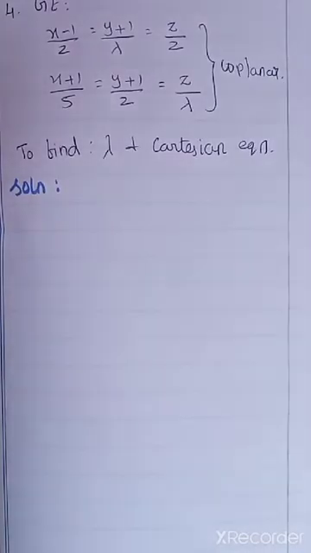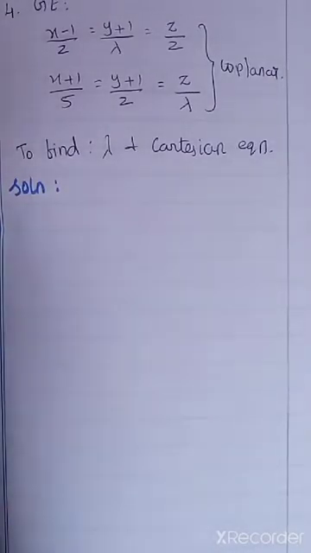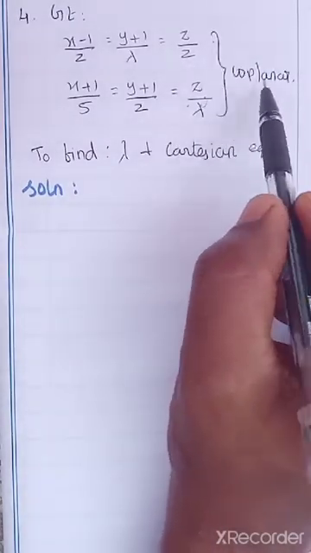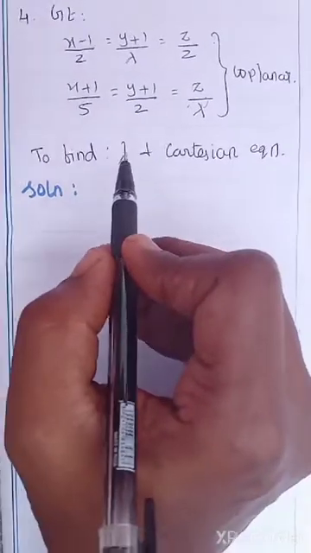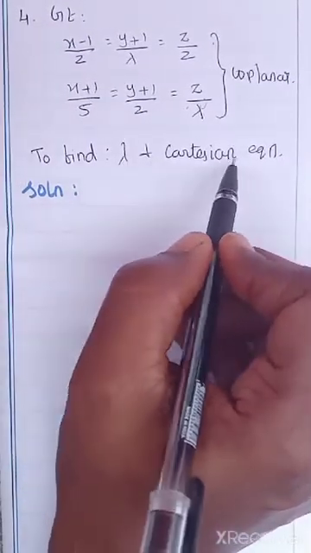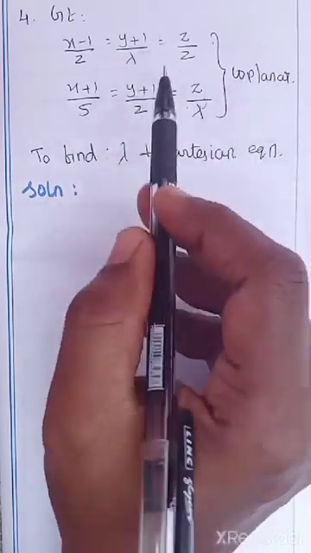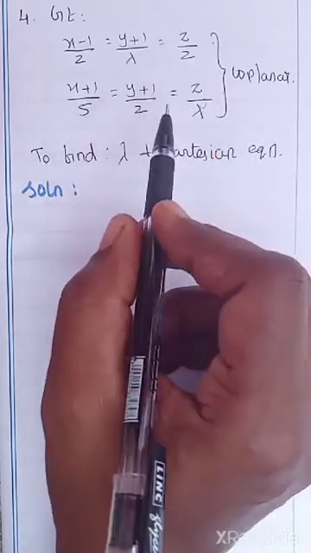Your fourth question. Two straight lines are given, and if these two straight lines are coplanar, we want to find lambda and also the Cartesian equation. Coplanar, two lines are given. Which formula do we have to use?